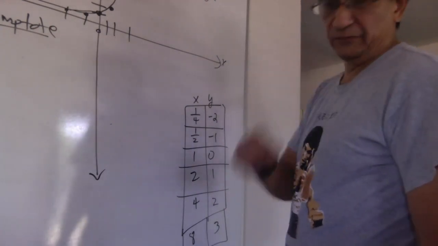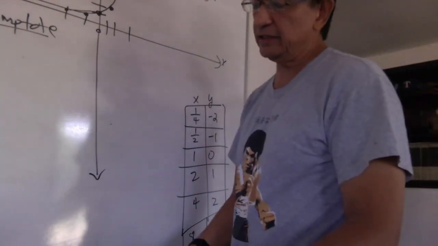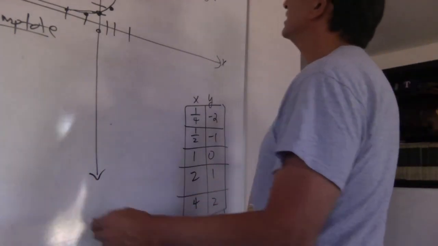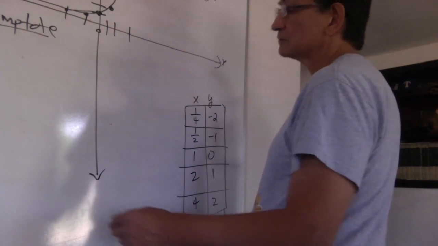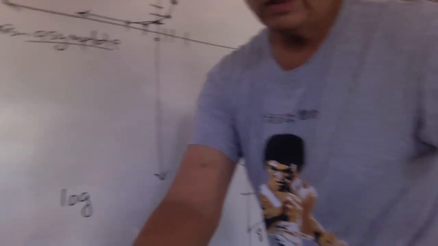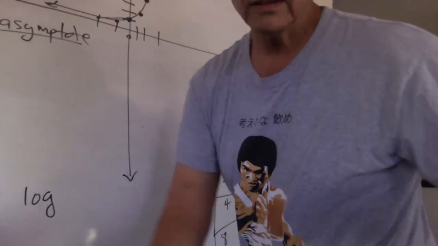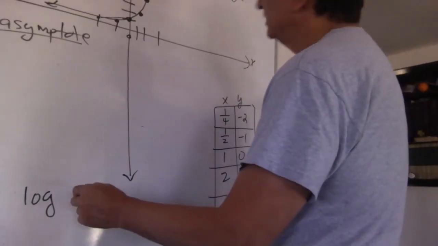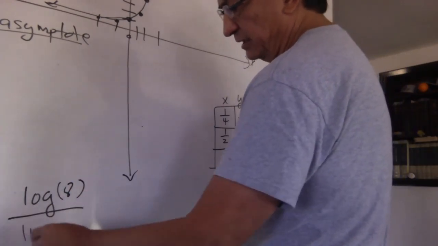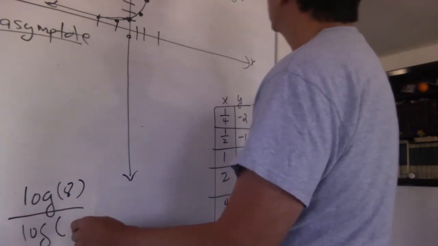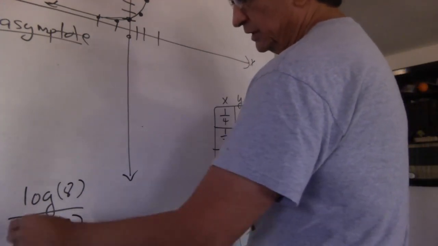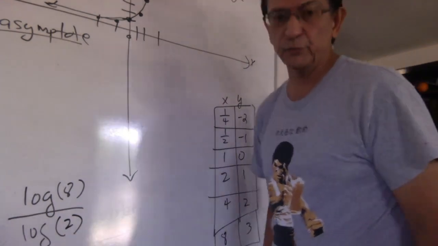If you want to check it, to make sure that it comes out, one thing you could do is in your calculator press the log button and put log of a in parentheses divided by log of 2. This is called the change of base formula.